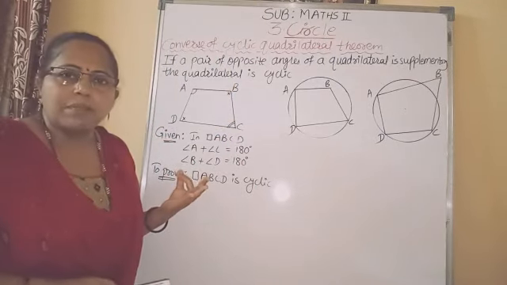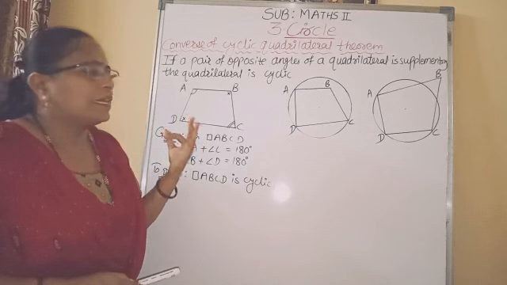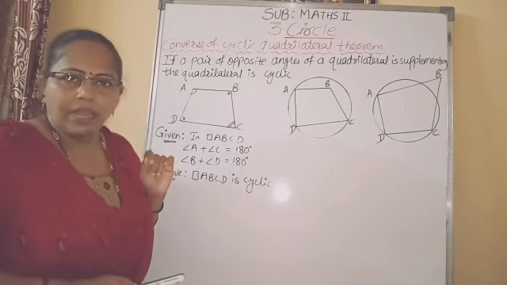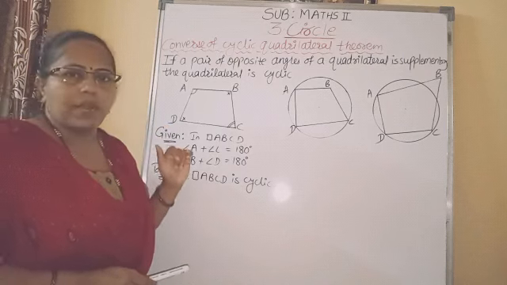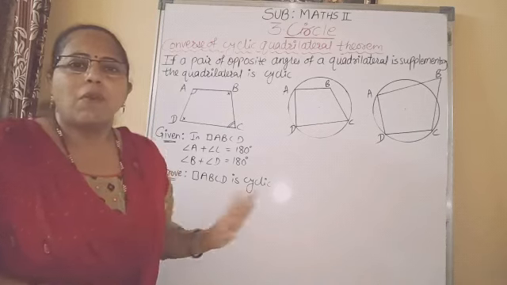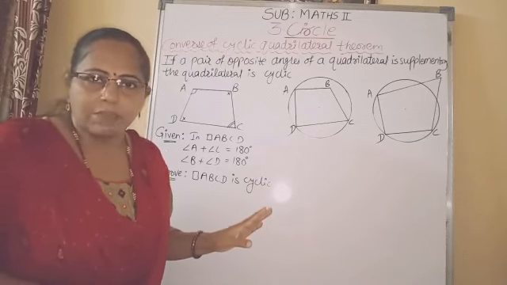And third possibility is point B is on the circle. Okay. So we have to try to prove that these first 2 possibilities are false. It is not possible.